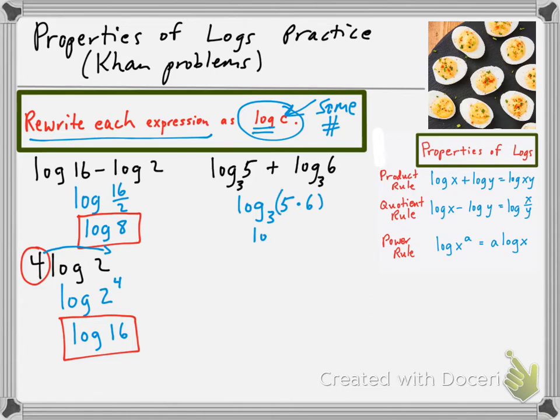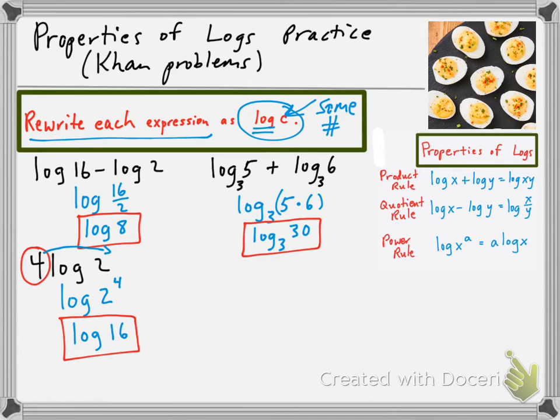Log base 3 of, now 5 times 6 is 30. And many times in the beginning, students forget that that's just an exponent you have to raise 3 to in order to get to 30. So you wouldn't want to write 10 right there. I get that a lot. Students in the very beginning of this unit think log base 3 of 30 is 10, but no, it's not. It's the exponent you have to raise 3 to to get to 30.